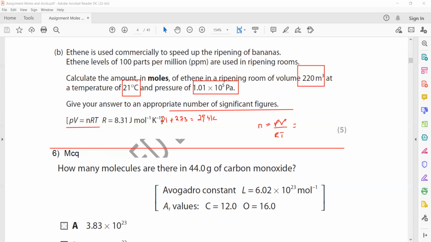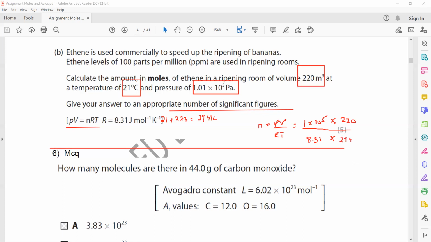These are the topic wise questions related to moles I'm solving. So P is the pressure, which is 1.01 times 10 to the power 5 Pascal, multiplied by V, the volume, which is already in meter cube, 220. The general gas constant is 8.31, multiplied by the temperature in Kelvin, which is 294.